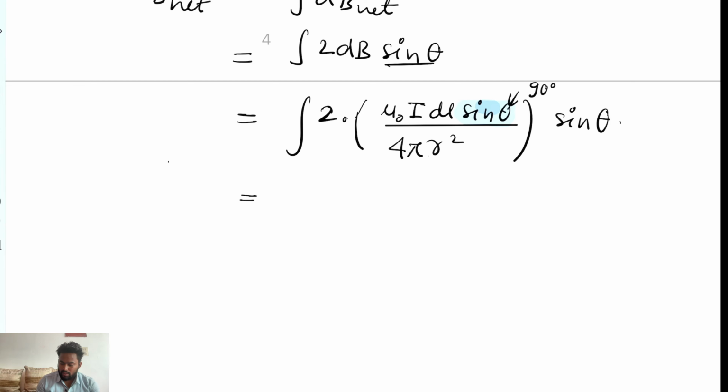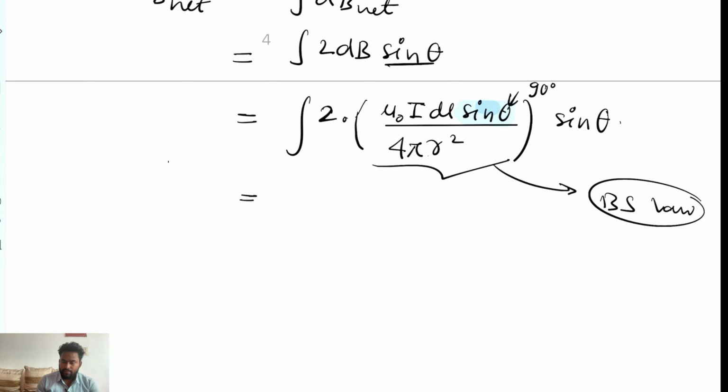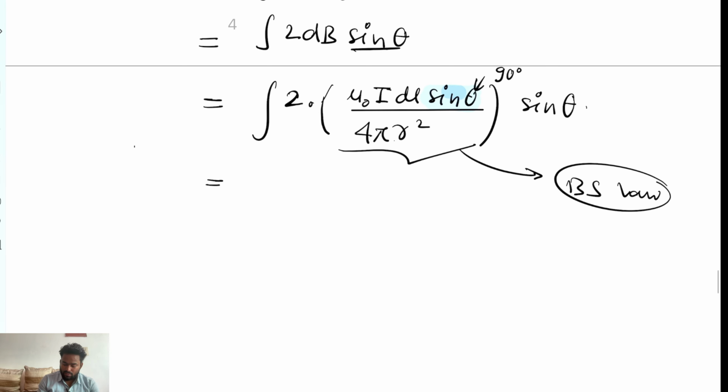This part is from Biot Savart law due to current element. Now it will become mu naught I sin 90 will become 1, and 2 with 4 it will become 2 pi r square, and sin theta will be sin theta. It can be taken out, integral of dl.